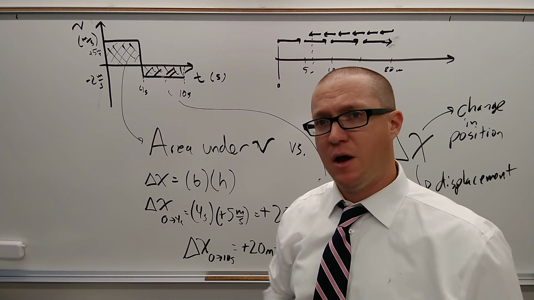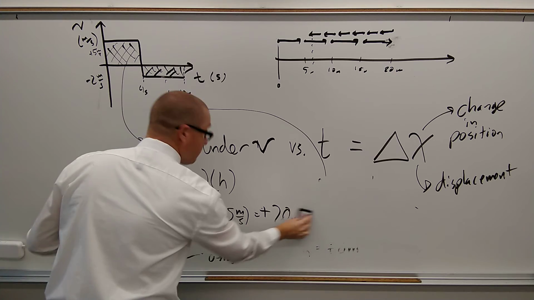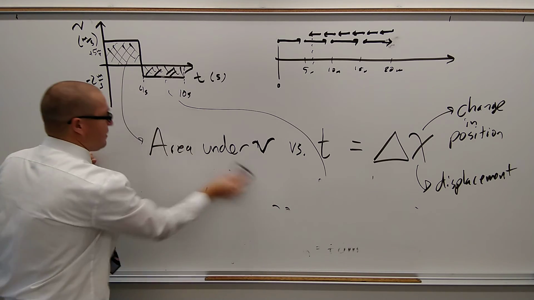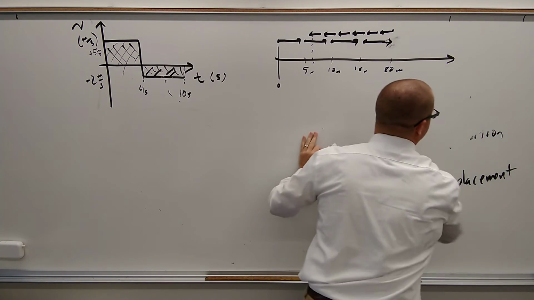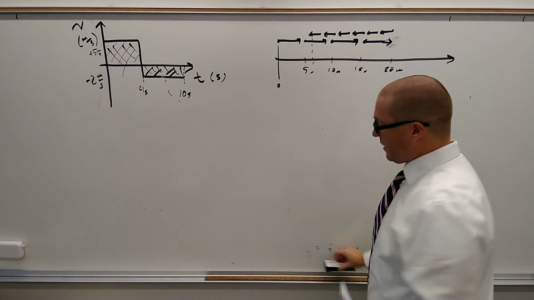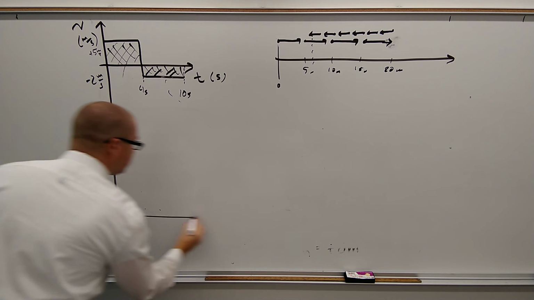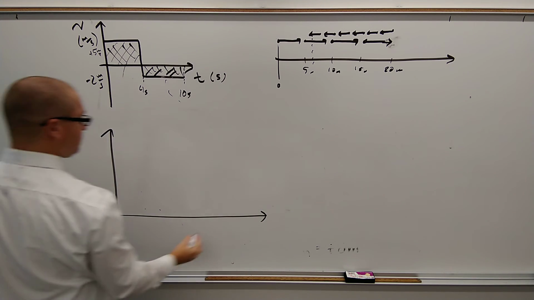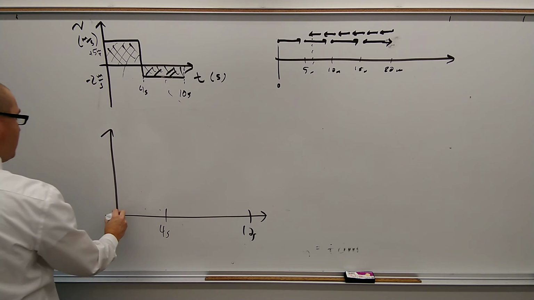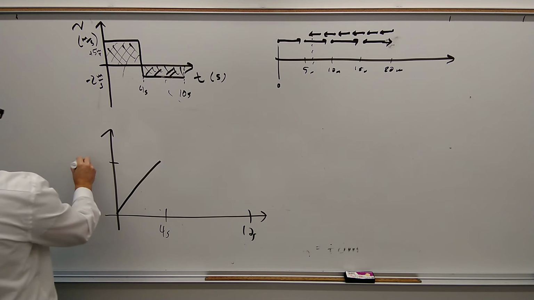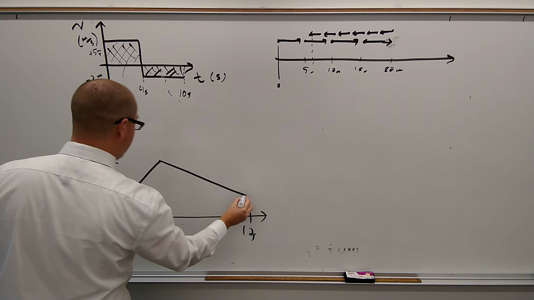One thing they might add to this, before the bell rings in a minute, is to draw the corresponding position versus time graph. Let's draw it over here. 10 seconds, changes at 4 seconds. It gets out to 20 meters, and then it comes back quite a bit.